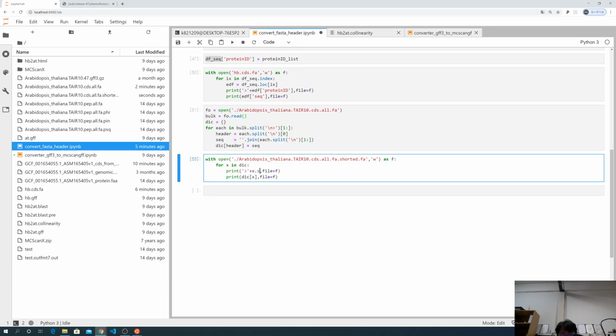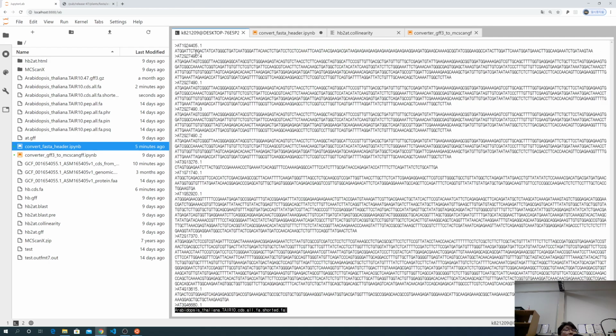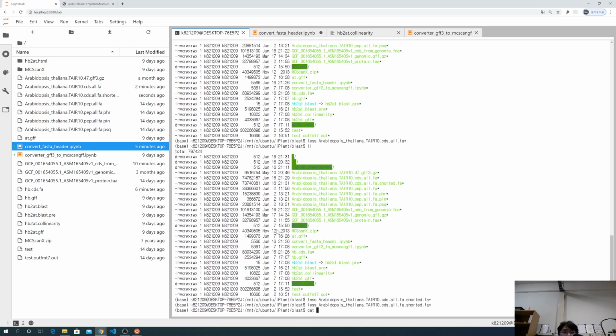We have to split. Select the first one. And now we have it, right? So we have the clean data. So I will merge these two into what?